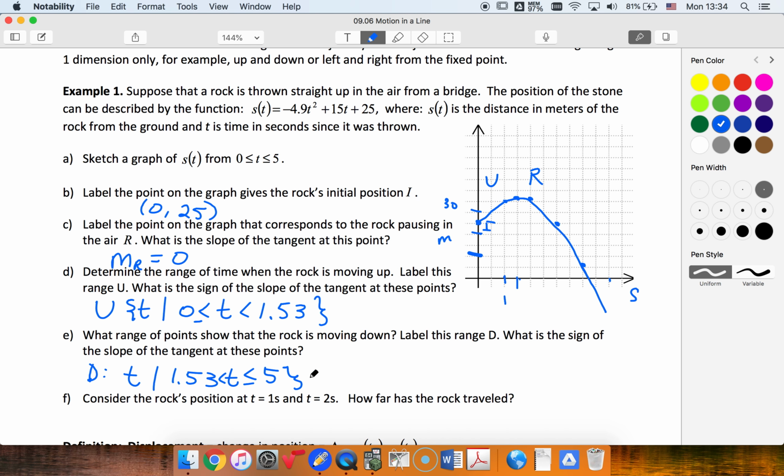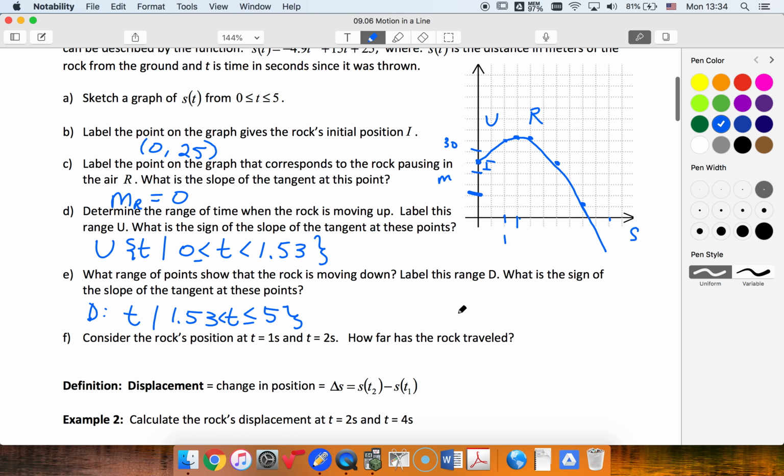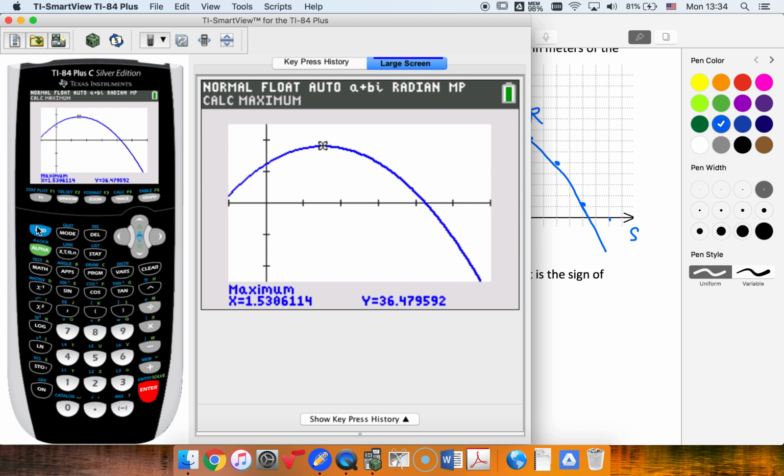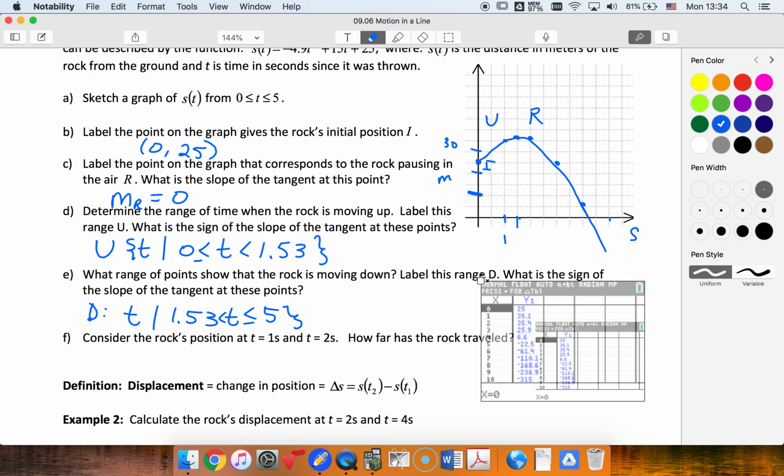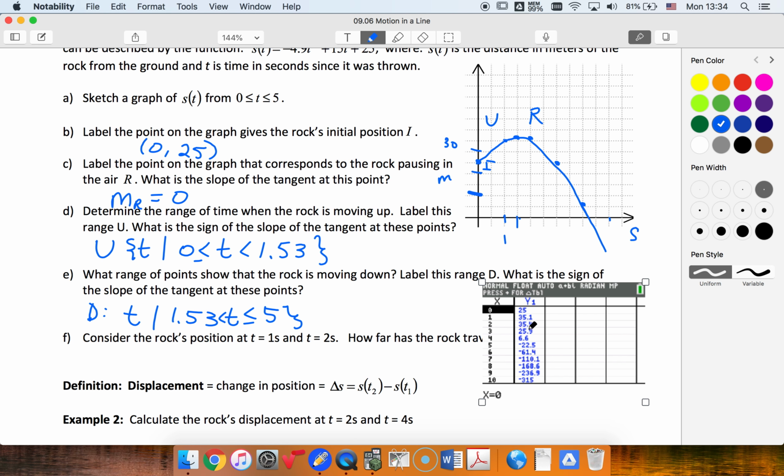Now my position at 2 seconds and 1 second. Let's come back to our table. Here are my values. At 1 second, I'm at 35.1, and at 2 seconds, I'm at 35.4.